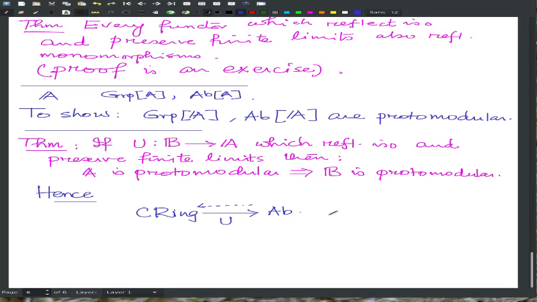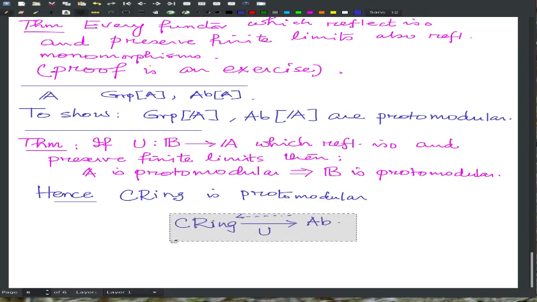Commutative rings is protomodular. This is the reason.